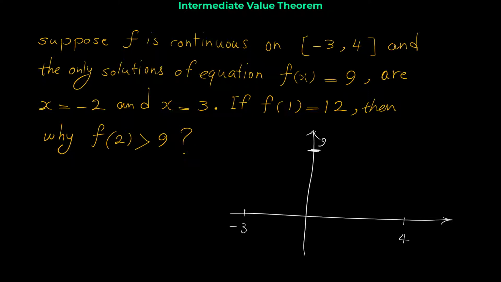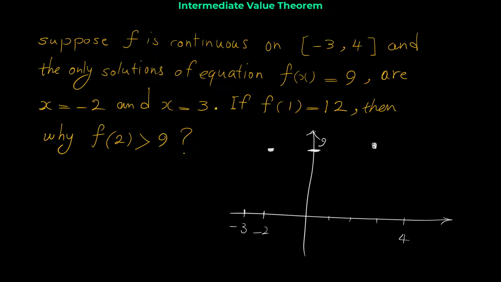Then the function that we have to imagine for f is a function that has two solutions for f of x equals 9. And those solutions happen at -2. Let's say -2 is here. And 3. So 1, 2, 3. We can consider it here.